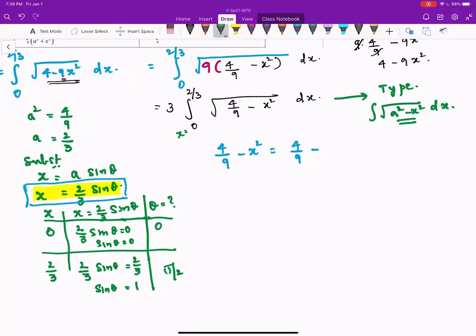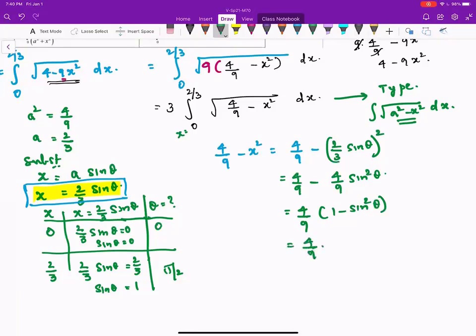So that is what we are going to substitute, and since you have x squared, you have to square that. That is 4 by 9 minus 4 by 9 sine square theta. So 4 by 9 is a common factor and can be taken out. It's 4 by 9 times 1 minus sine square, so 4 by 9 times cosine square theta.